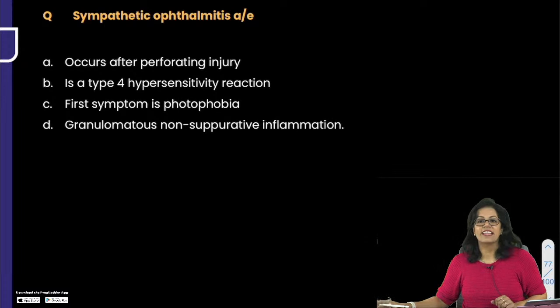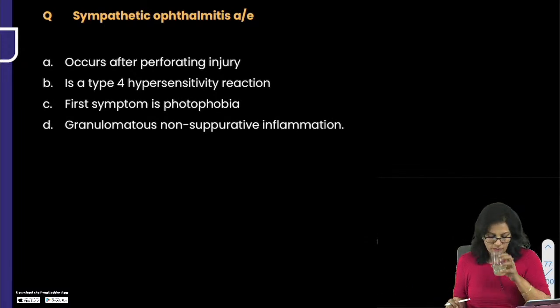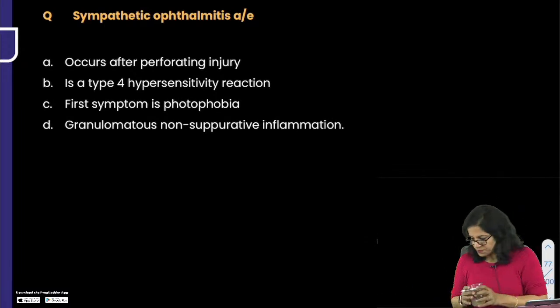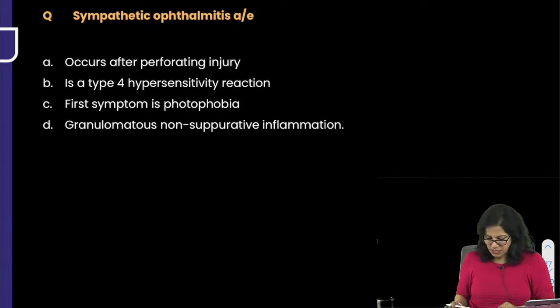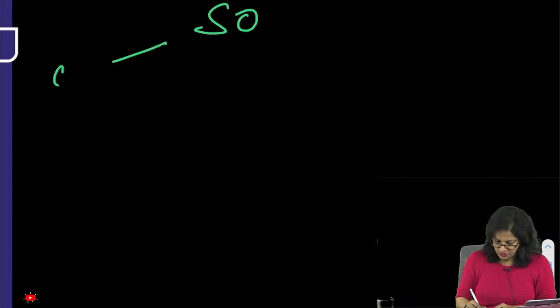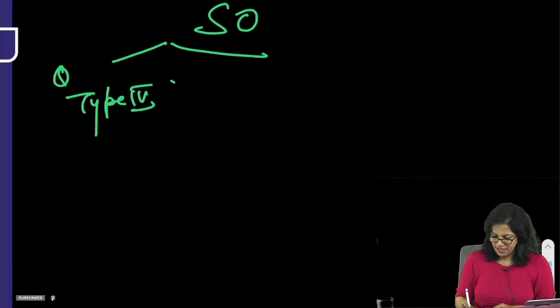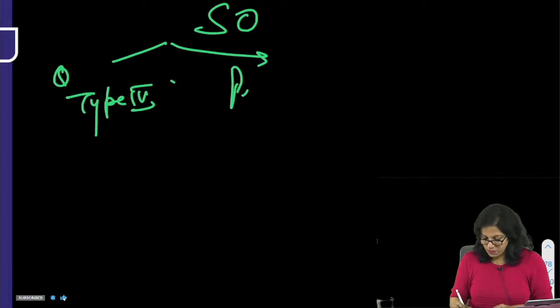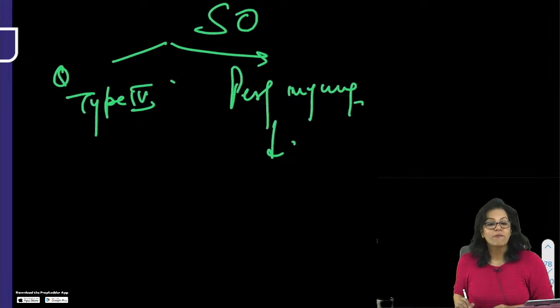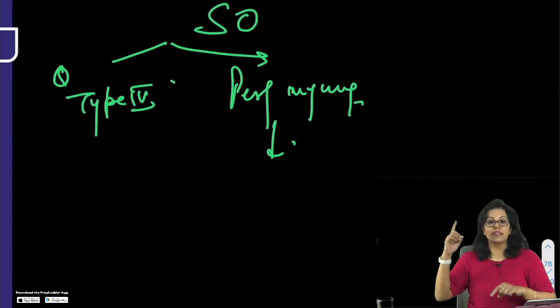Okay, we come to this another very important condition, sympathetic ophthalmitis. Before we go to the question, sympathetic ophthalmitis, all of you. First question. It's a type 4 hypersensitivity reaction. What is happening? After perforating injury, in majority of the cases, a perforating injury in one eye causes uveitis in the other eye.